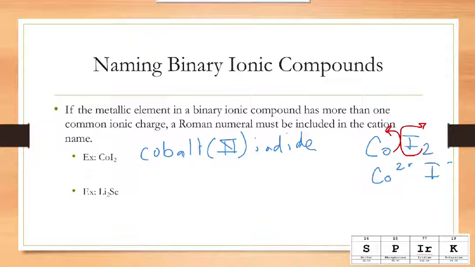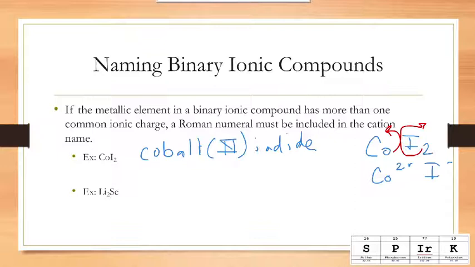Now when we look at Li2Se, we know that lithium is a +1 charge and Se is a 2- because we uncrisscross. We bring the 2 back up by the Se and we bring the 1 over back by the lithium.